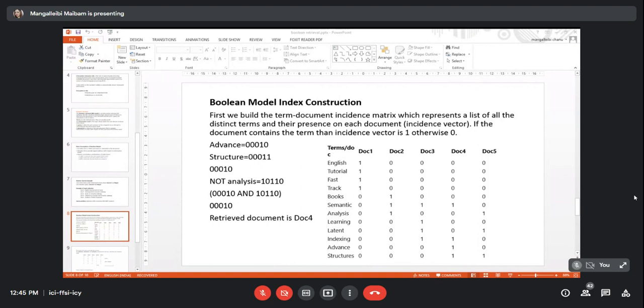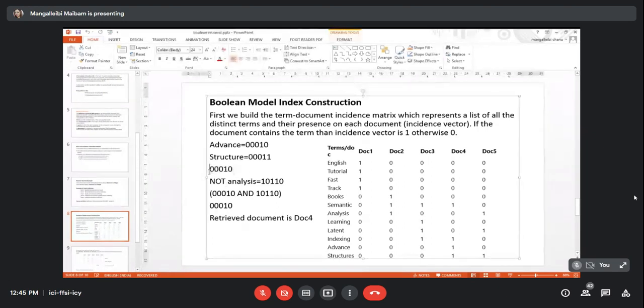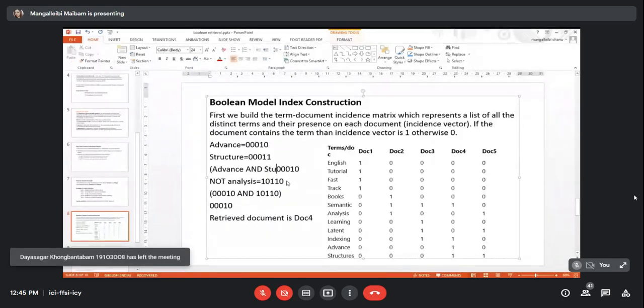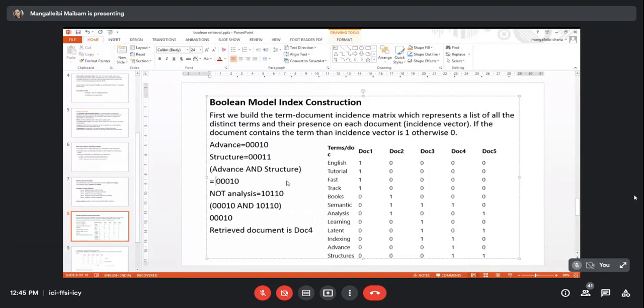Can you see the screen? Yes, ma'am. Okay. So this is the result for the AND operation of advance and structure.